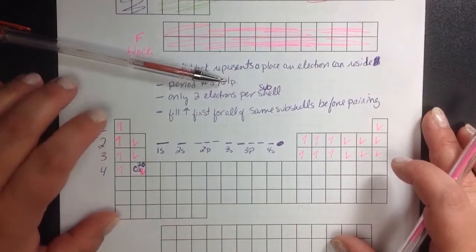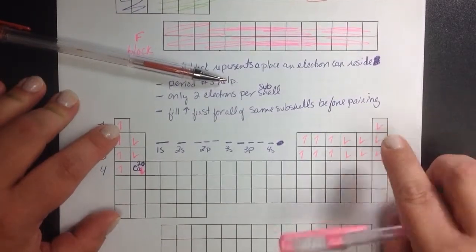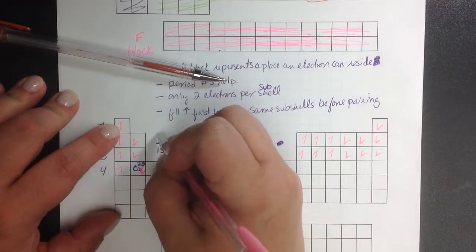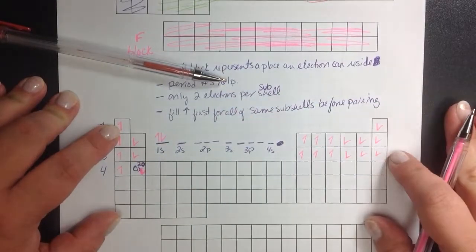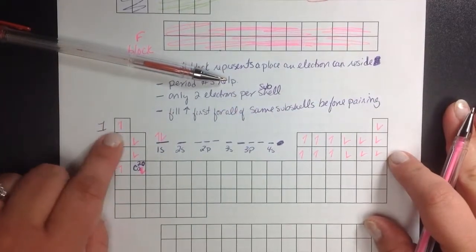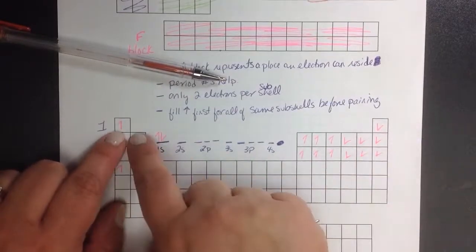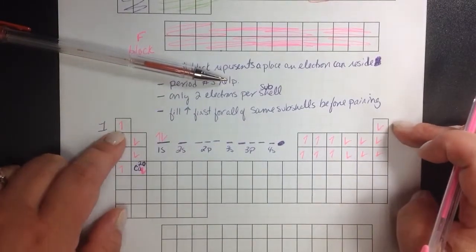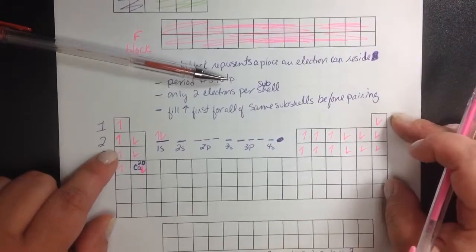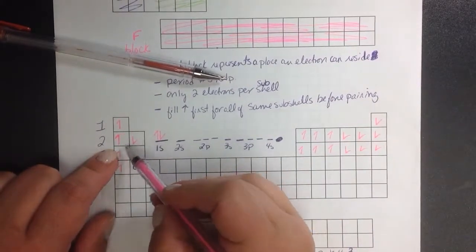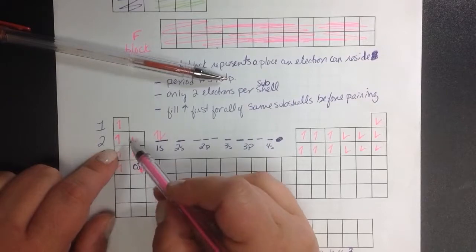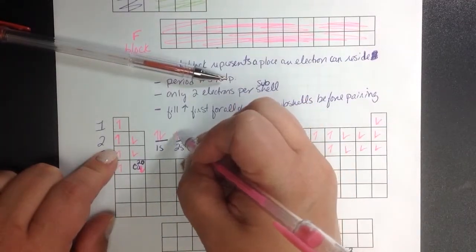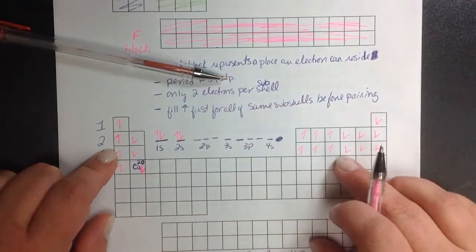So let's see. I've got one here and one here. I'm going to start by filling this 1s block. This is period 1, and I know that this comes from the s block because this is part of the s block. That's the end of that row. Just like you read, you go right down. This is the 2s. I know that because it's in the s block. 2s up, down.